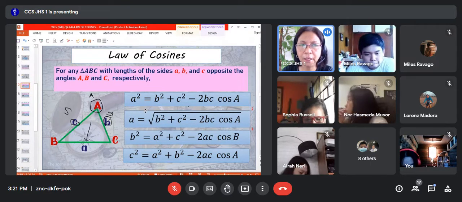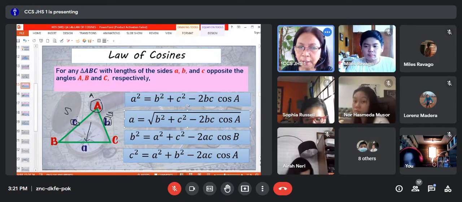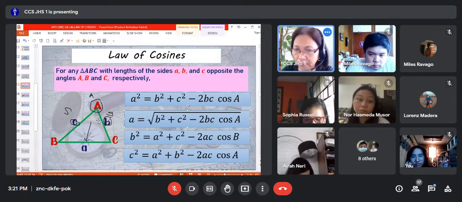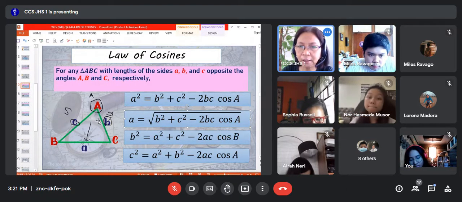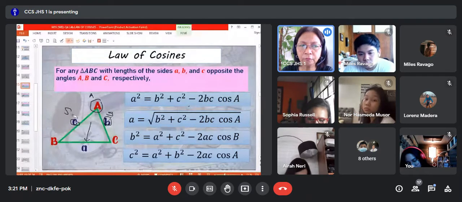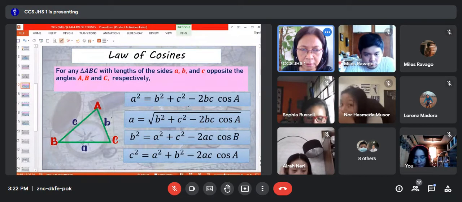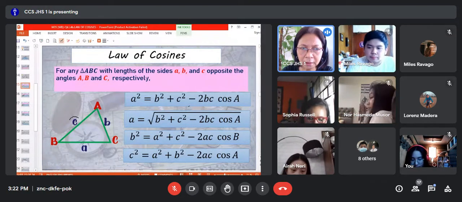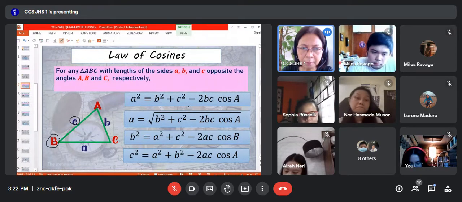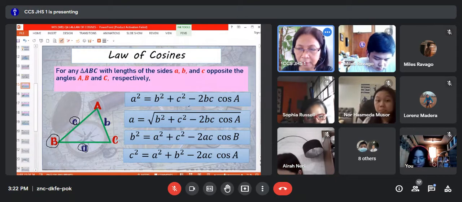You are going to solve for length A if the given are angle A and the two sides adjacent to angle A, or side-angle-side. The angle is the included angle of the two sides. Now, if you are going to solve for length B, the given must be C, angle B, and A. Again, side, angle, side.